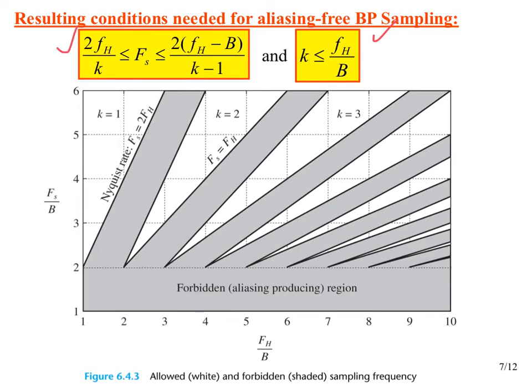So both of these two axes are normalized by b, which just makes it easier to actually plot them. So we have Fh over b and we have Fs over b. So if we look at this, we can see that we can operate in any of the white areas that are shown on this plot.